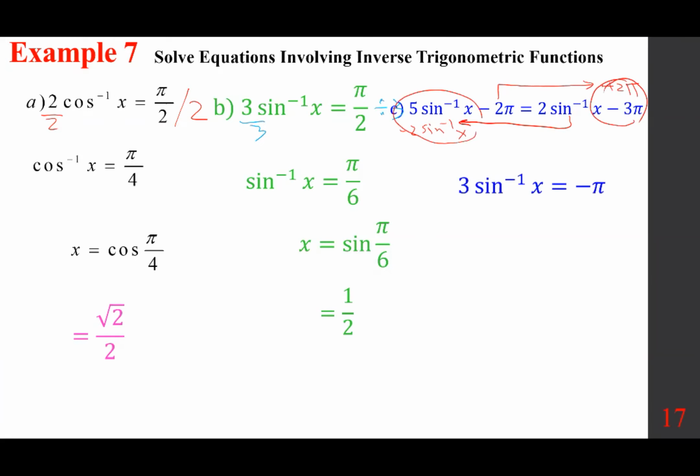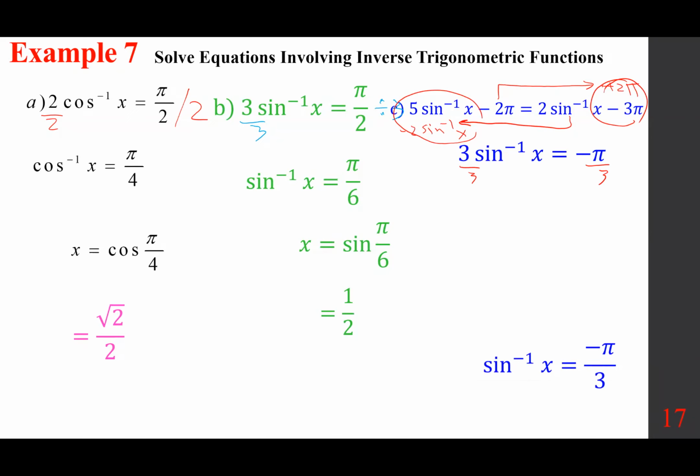So 3 sine inverse x is negative pi. Divide by 3. By definition, x is sine of negative pi over 3.